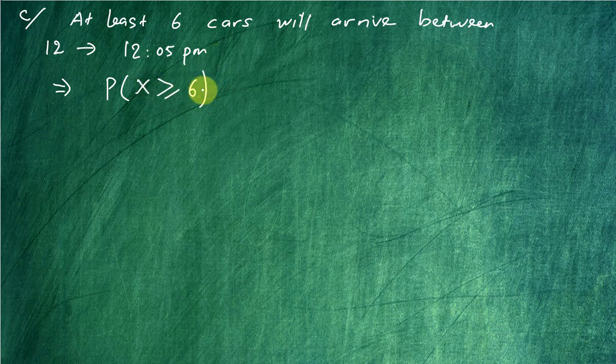And we can use the complement rule to solve for these questions. Now, p of x bigger than or equal to 6 means you want p of 6 plus p of 7 plus p of 8 and so on, all the way to the right. But these are a lot of different numbers that you should find.